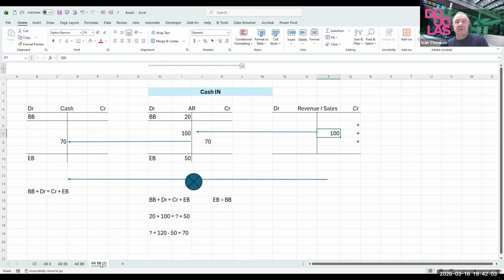Now let's see the opposite scenario. So again, if you want me to repeat, if the ending balance is more than the beginning balance, that means we're not collecting the sales that we're generating from the period, because the income statement here is prepared for the period of time. That means we're building up our accounts receivables.